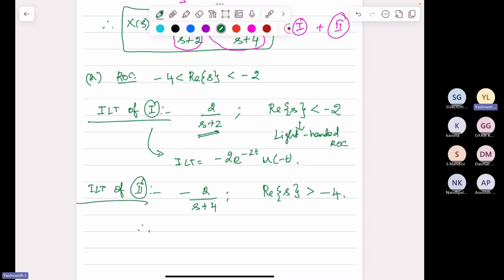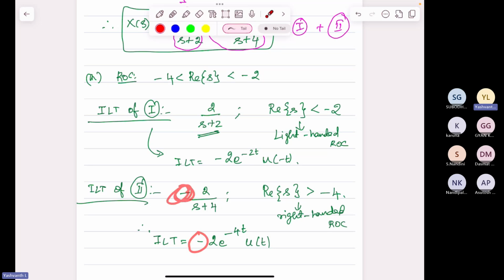Therefore, it's a right-sided ROC, a right-handed ROC. Therefore, ILT equals minus 2 times e power minus 4t into u of t. Note that this minus is coming because of this minus, but the other minus came because of being a left-handed ROC.